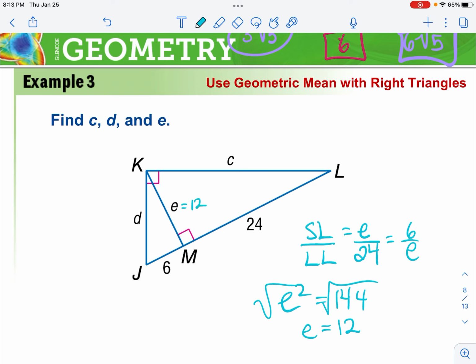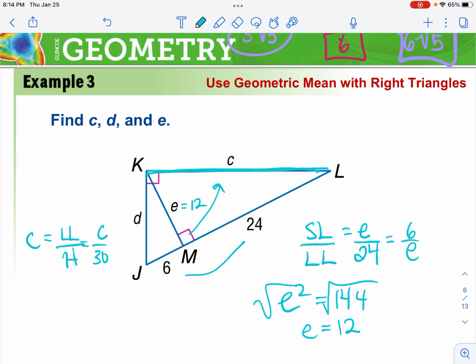When I'm ready to figure out C, I'm going to solve for C. This is a long leg on the big one. So C has a long leg. It also represents a hypotenuse. So I'm going to do long leg and a hypotenuse for this one. So the long leg for this one is C, and the hypotenuse for that big triangle is 6 and 24, which makes 30.